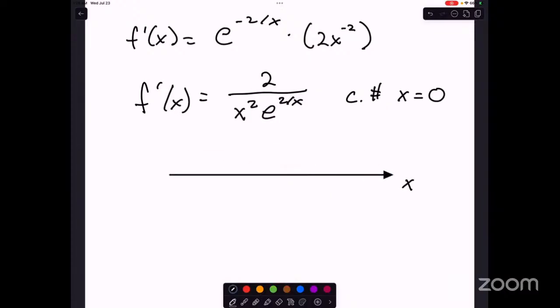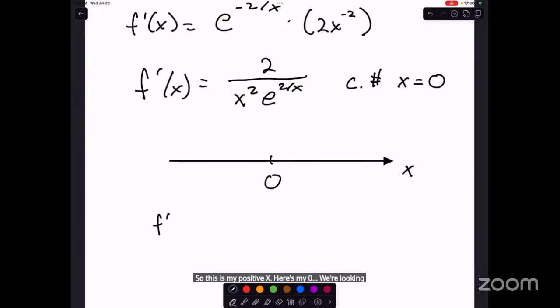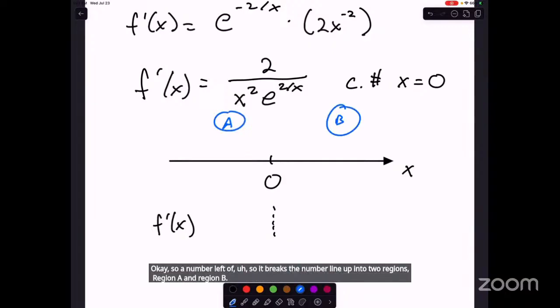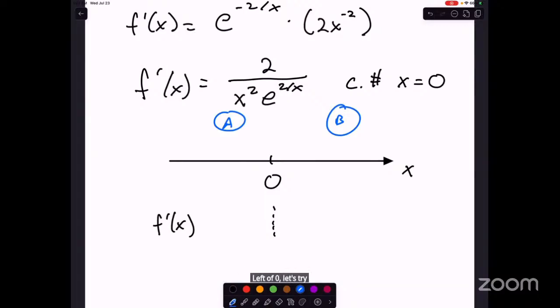So here's my positive x. Here's my 0. We're looking at the first derivative. It's going to make the first derivative undefined. So it breaks the number line up into two regions, region A and region B. Left of 0, let's try a -1.